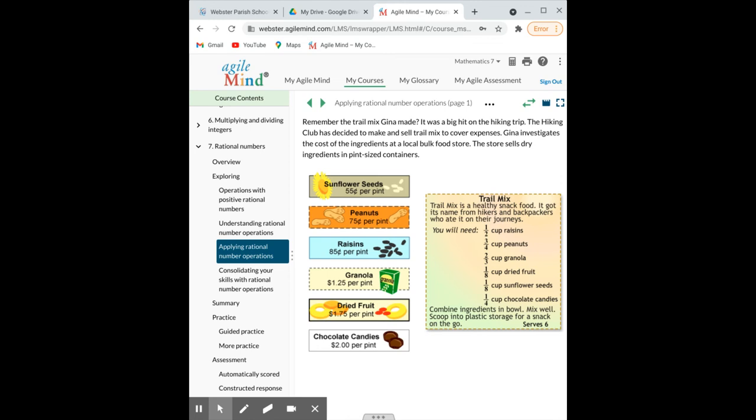So why do you think some things are sold by weight and some are sold by volume? Why do you think those are sold differently? Because one is solid and one is liquid. Possibly. All right. What's another reason? Most likely fruits don't have volume. Well, okay.